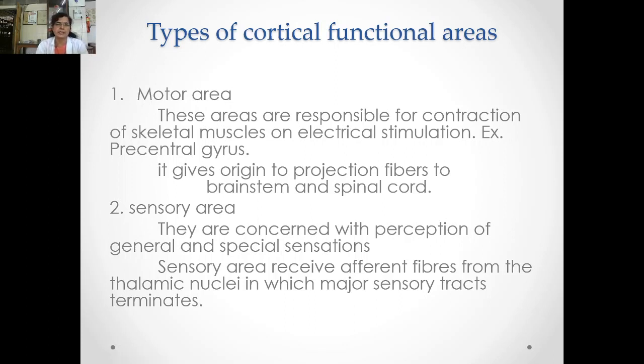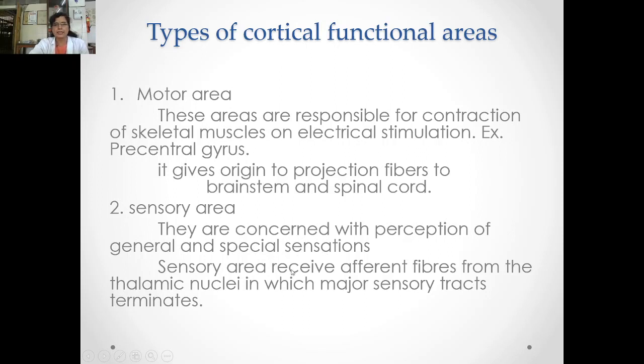The second functional area is the sensory area, and these sensory areas are concerned with perception of general sensations like the exteroceptive sensations, that is pain, touch, temperature, then proprioceptive sensations, and the special sensations, that is hearing, vision, taste, smell and equilibrium.